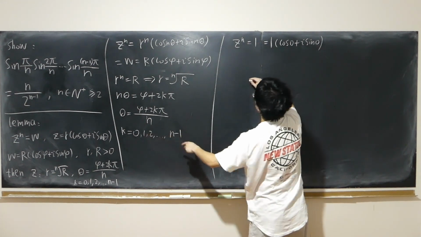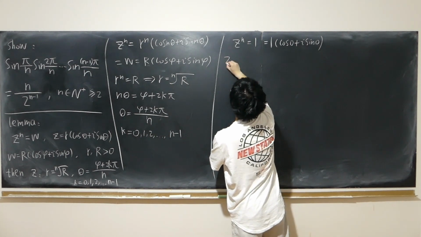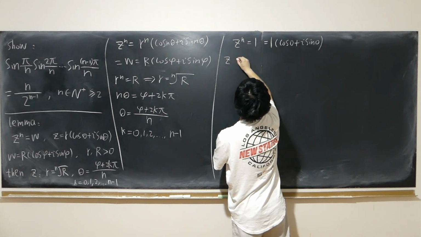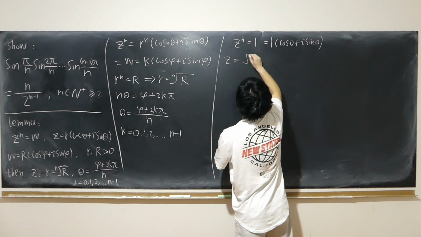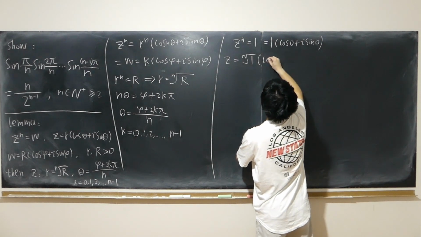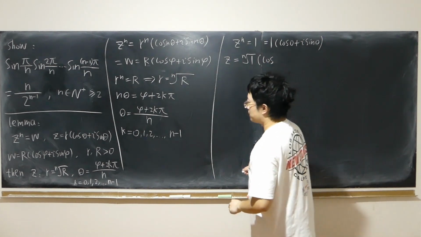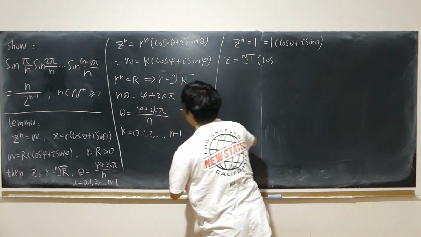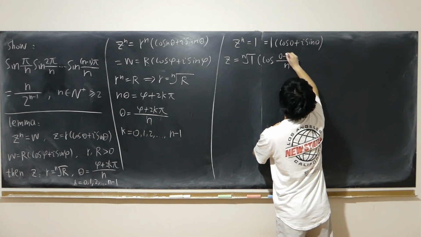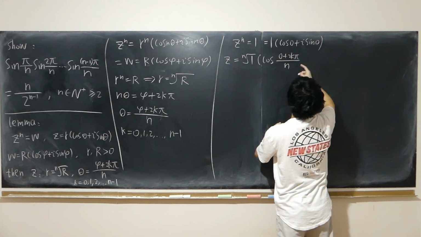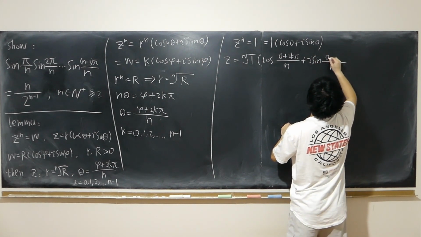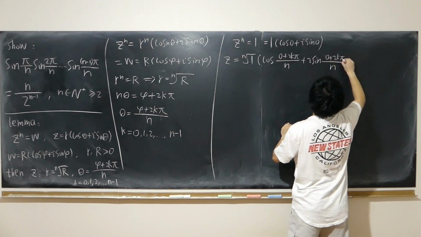According to that result, we can solve for z. Each root is equal to the nth root of capital R, that is 1, times the bracket: cosine of the angle, n phi is 0, plus 2k pi, plus i times sine of 0 plus 2k pi.